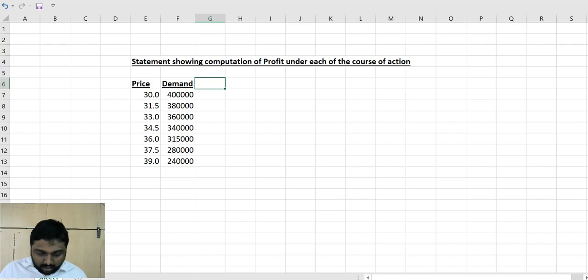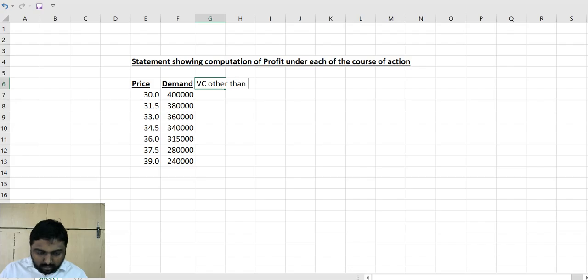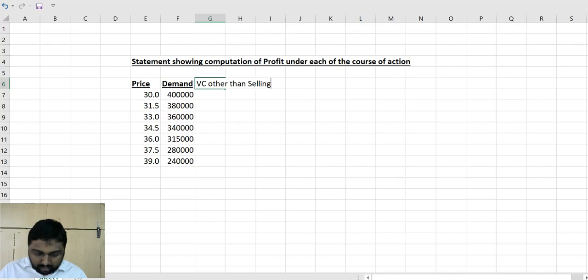So first we will find out what is the variable cost other than selling expense, because selling expense we can handle separately.